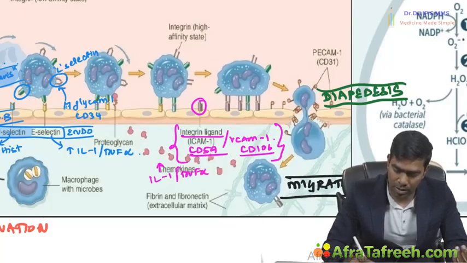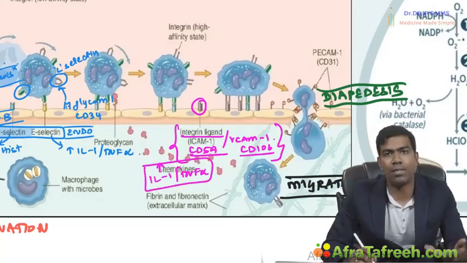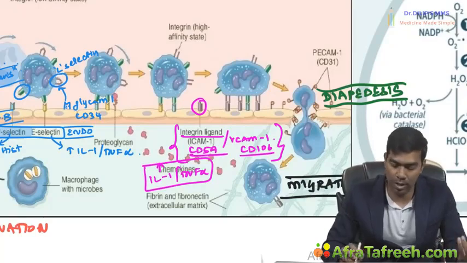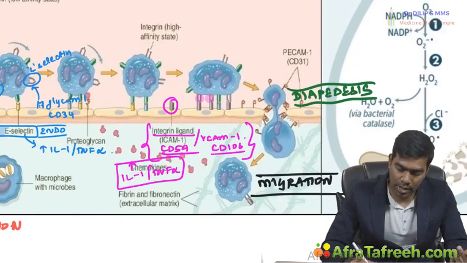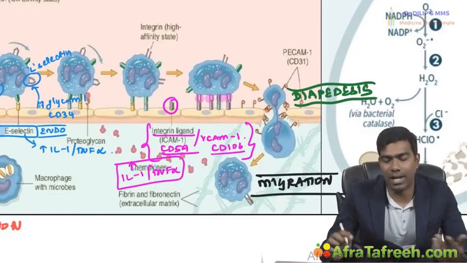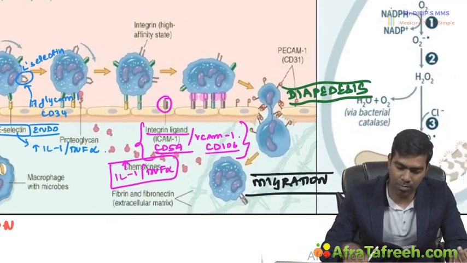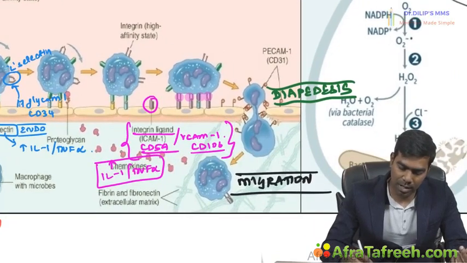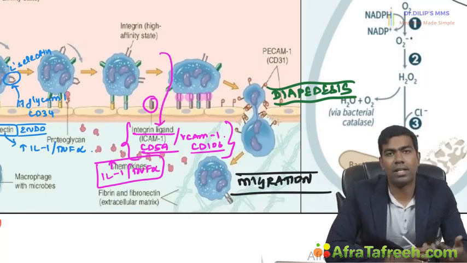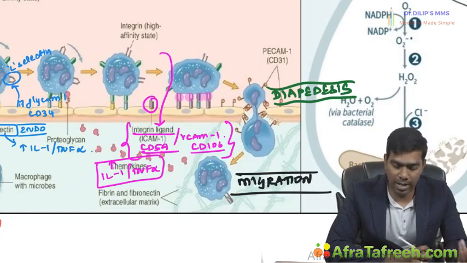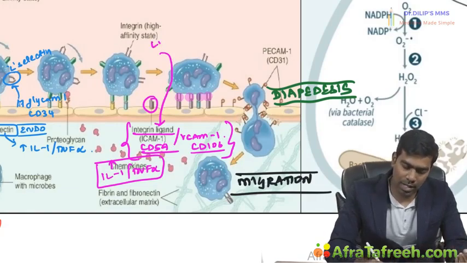So the expression of these integrin ligands, both ICAM1 and VCAM1, is increased by interleukin 1 and TNF alpha. And obviously on the neutrophil side, you need certain receptors that can bind with this ICAM1 and VCAM1. So for example, the receptor that binds with the integrin ligand ICAM1 is nothing but LFA1.